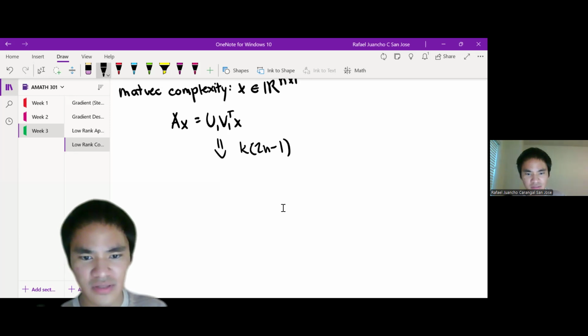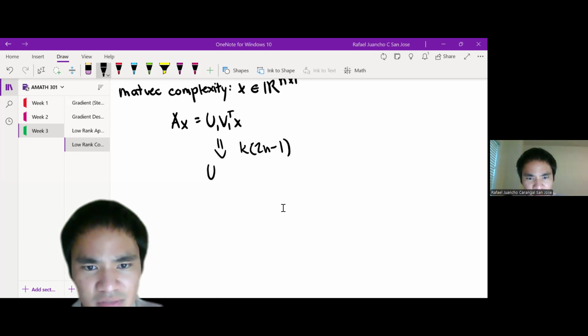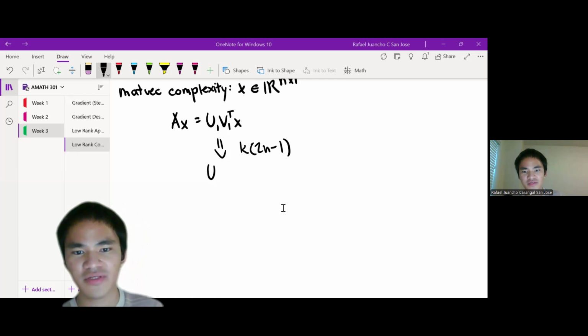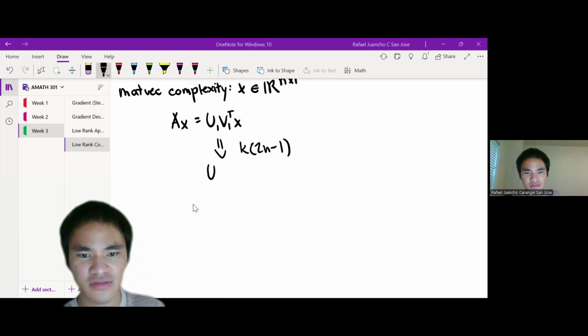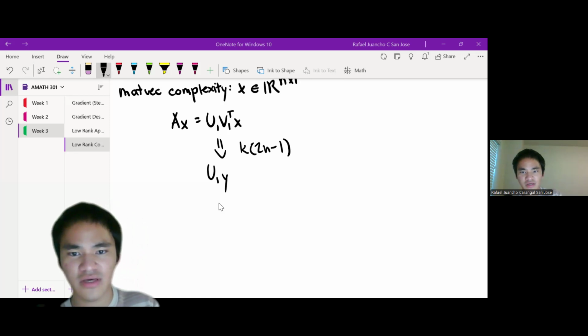Well, now let me try this. So here we're doing an LU decomposition. So I have my U sub 1 y. This is going to be equal to b, right? And then this is m by 2k minus 1.